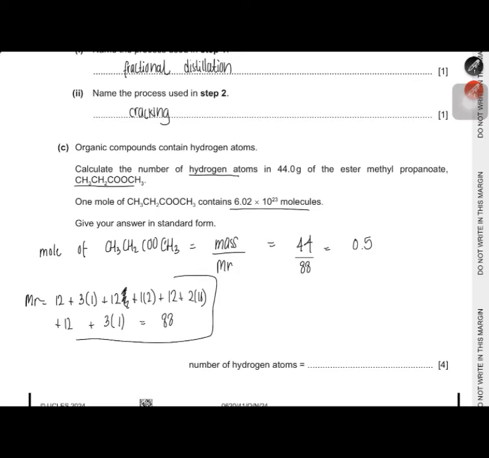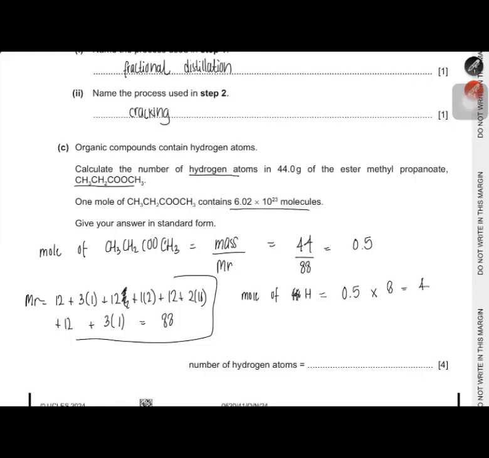Now we need to find the moles of hydrogen inside this ester molecule. We know that the total moles for this molecule is 0.5, multiplied by the number of hydrogens present in this molecule, which is 1, 2, 3, 4, 5, 6, 7, 8. Multiply and you get 4.